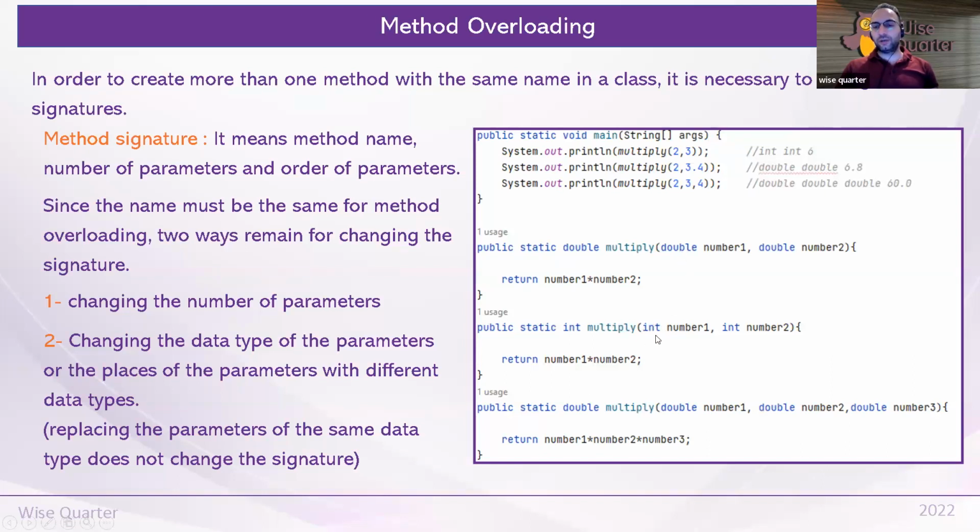If the first one is double and the second one is integer, when you change the places of the data types, it also works. Let's say double integer, and you want to create another overloading. The first one was double, change the places and make the second one double, the first one will be integer. This will also create an overloading for the method, and you can write whatever you want inside of the method.